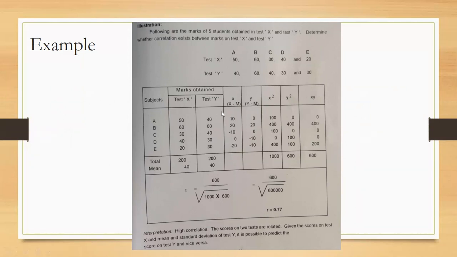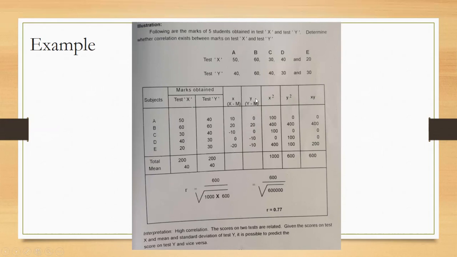So we do x minus the mean, that is 50 minus 40, which gives 10. Next, 60 minus 40 gives 20. Then 30 minus 40, which is negative, gives minus 10. 40 minus 40 gives 0. 20 minus 40 gives minus 20.